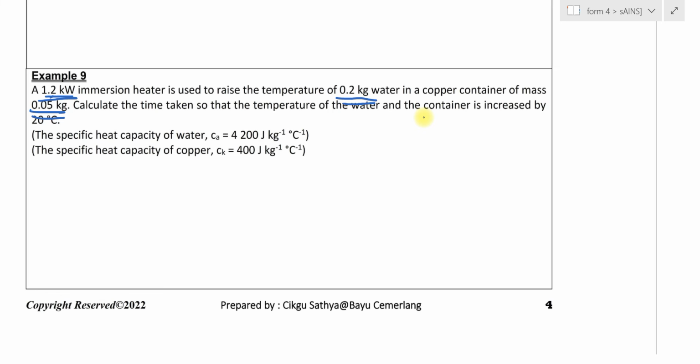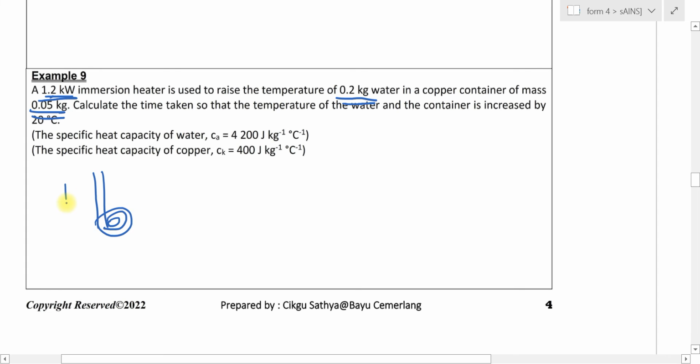Okay, a 1.2 kilowatt immersion heater is used to raise the temperature of 0.2 kg of water in a copper container of mass 0.05. Dia bagi dua benda sekarang. Water and copper. Okay, like this lah. I think the immersion heater is used to raise the temperature. For example, the immersion heater ni dia ada dalam satu bekas.